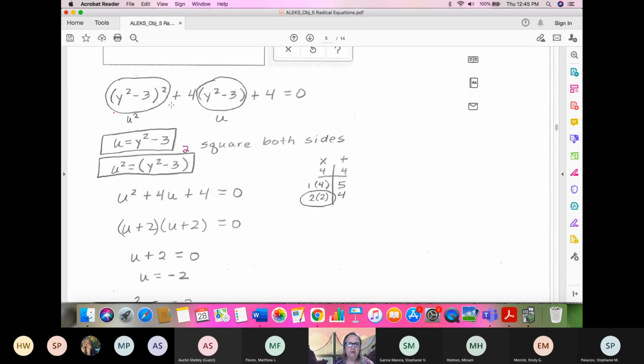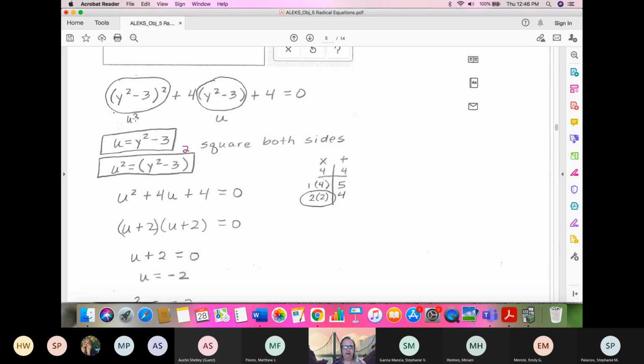So this right here, including that square on the base, including that 2, that whole first part is equal to u squared. So I put a u squared under it. This, on the other hand, y squared minus 3, is this whole side right here, which is equal to u. So I replaced it with u here.